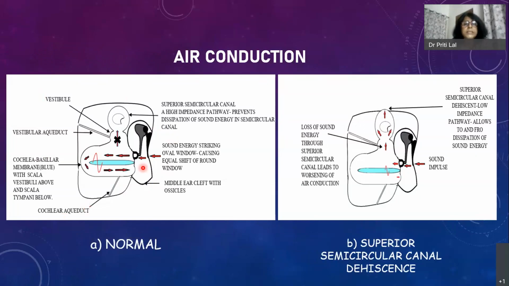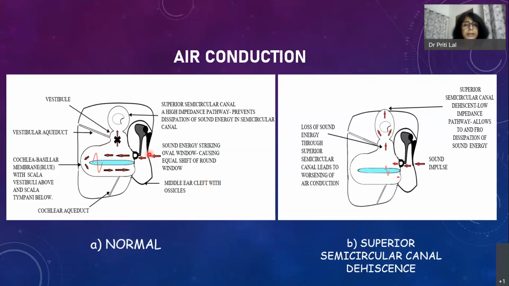Under normal circumstances, when sound waves strike the oval window and push it inwards, that is accompanied by an equal and outward movement of the round window. And this motion of the fluid inside the inner ear leads to vibration of the basilar membrane and hence a perception of sound.